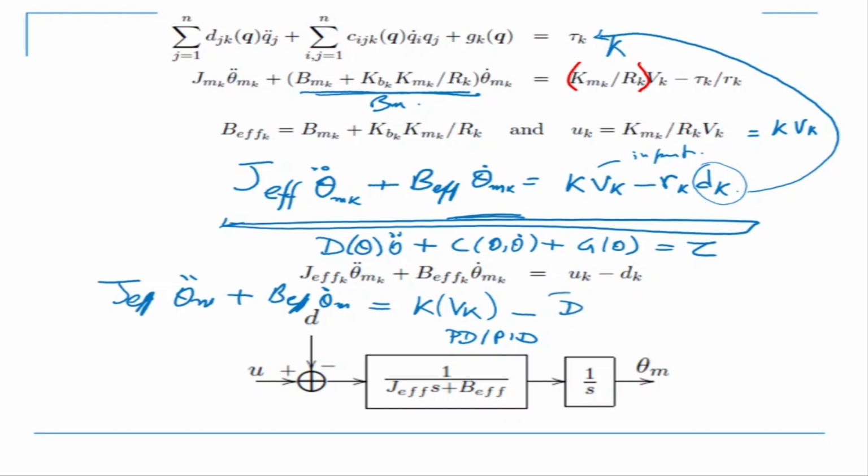Tau is equal to d theta double dot plus c theta dot plus g theta, times the gear ratio R. This is my total equation.